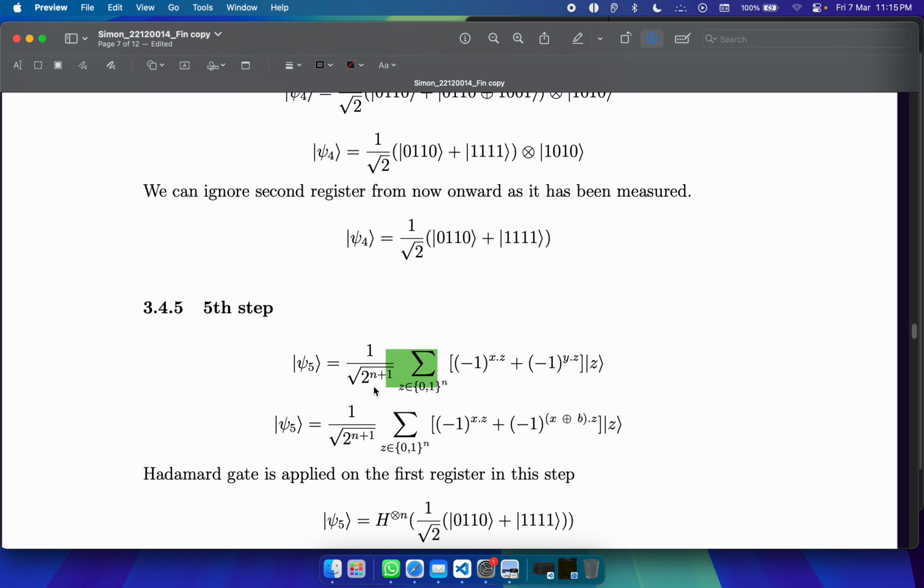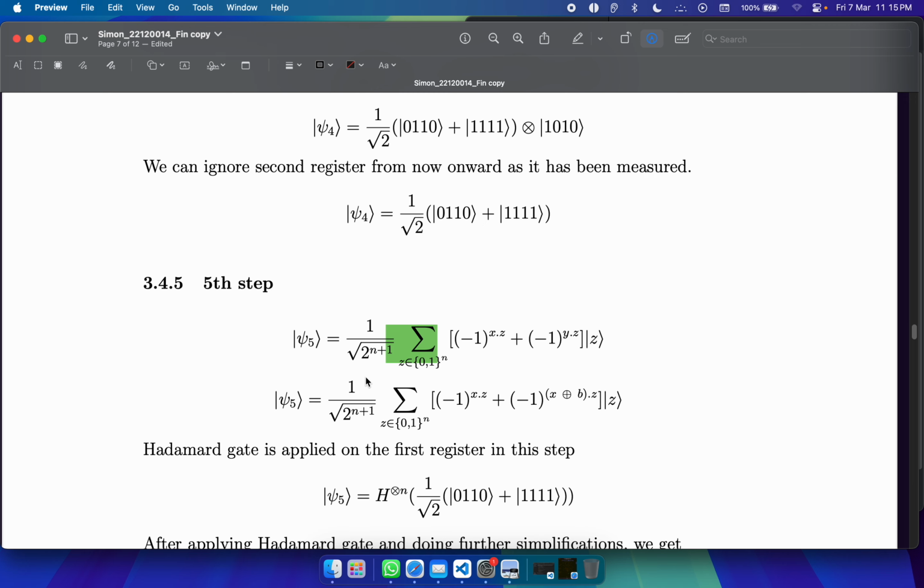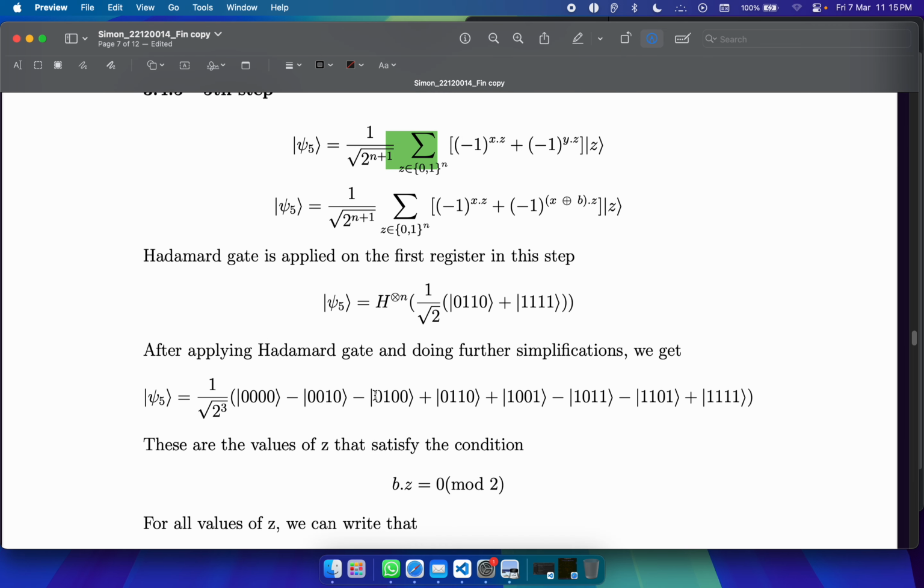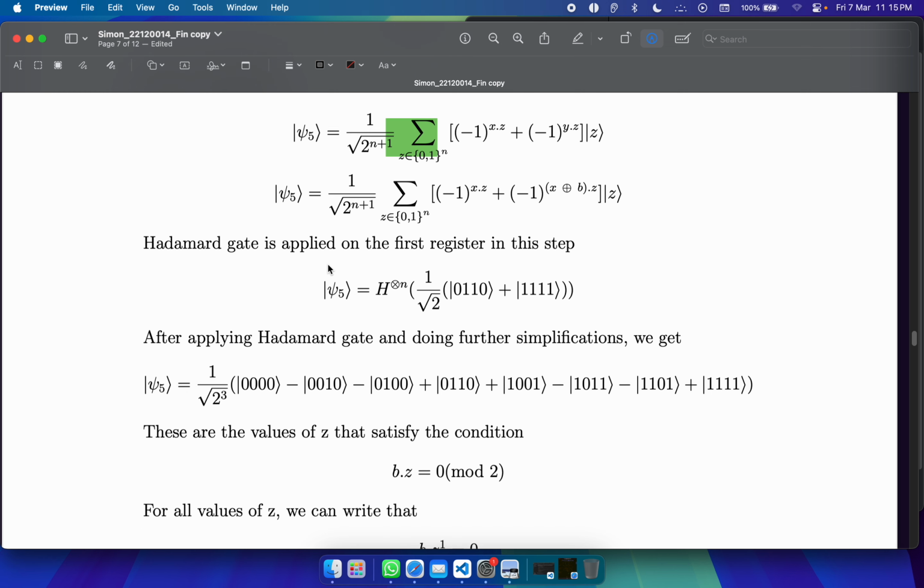as 2 to the power 3 multiplied by 2, right? So this becomes square root of 2, right?